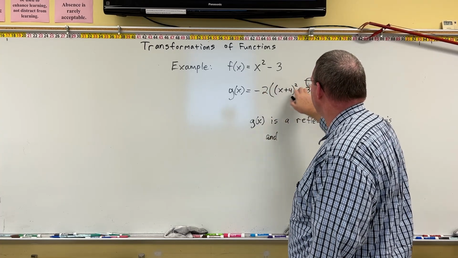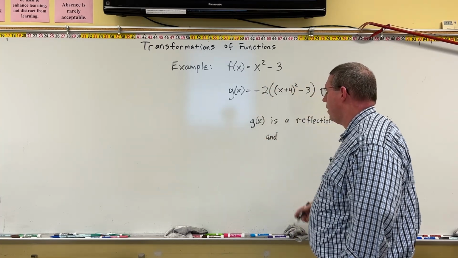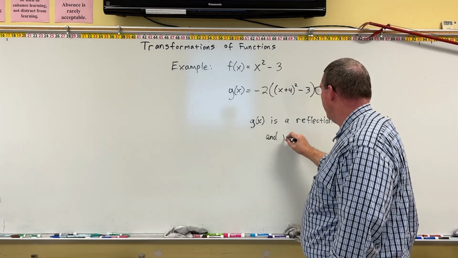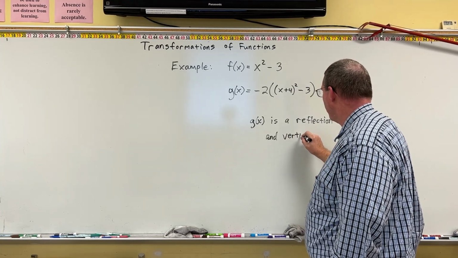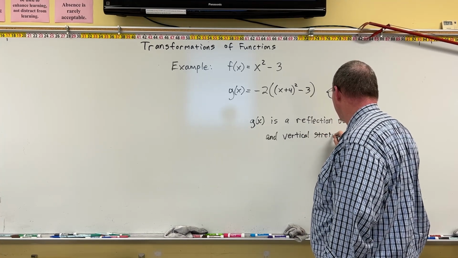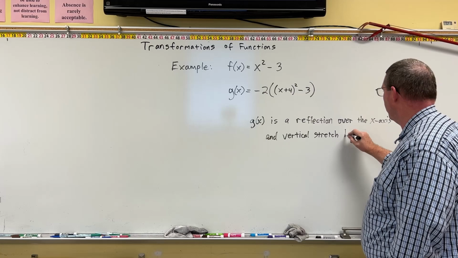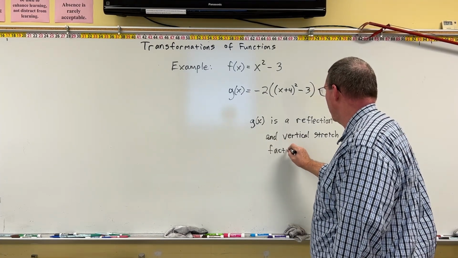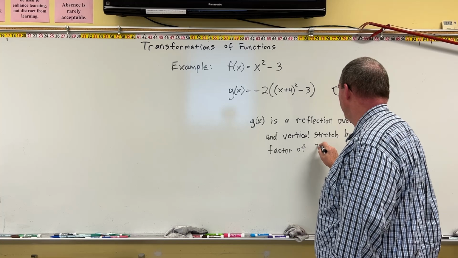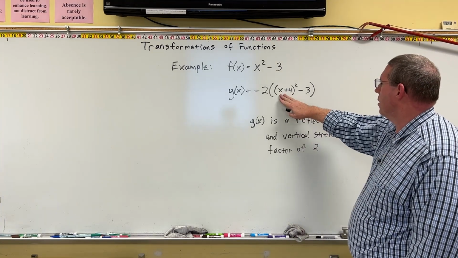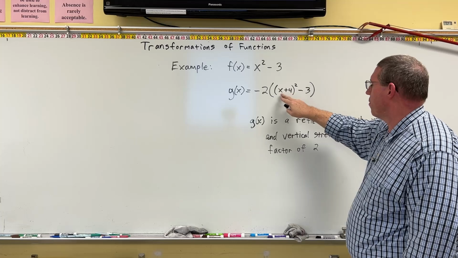We're multiplying the entire function by 2, and that's going to cause a vertical stretch, a vertical stretch by a factor of 2, okay? And you can see in here that in place of x, we have x plus 4.